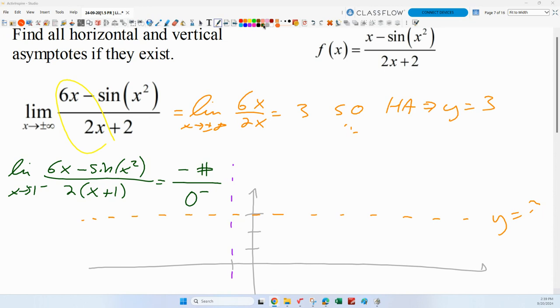What is that? It's going to be infinity. I've got a macroscopic number on the top and a number approaching 0 on the bottom, so I know I'm getting infinity. Negative divided by negative is positive, so this thing is getting bumped up to positive infinity from the left.